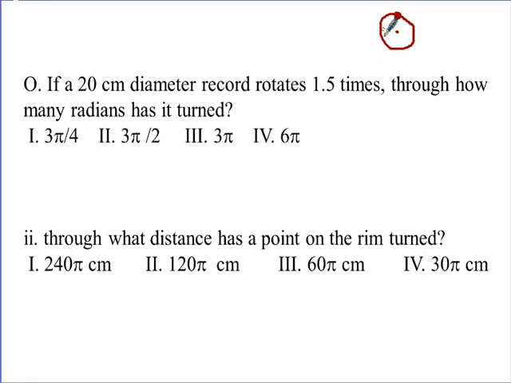They would have these great big plastic things, and they would make music for them, and they would turn around and around, sort of like a disc, except it was out where you could see it with your eyes. If this point goes around 1.5 times, how many radians is that?